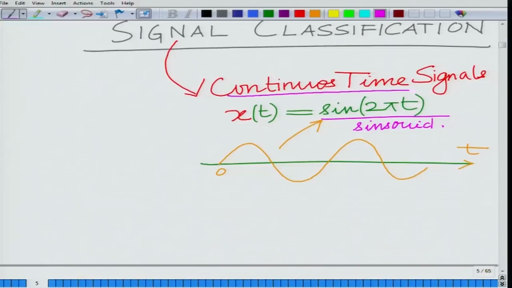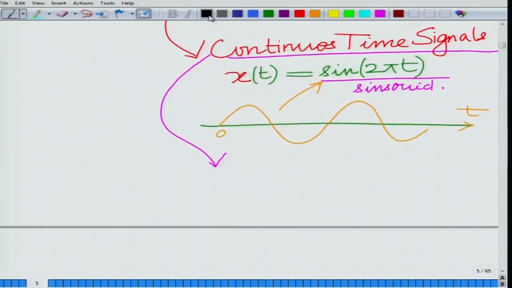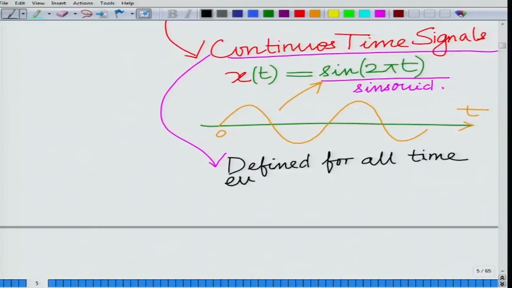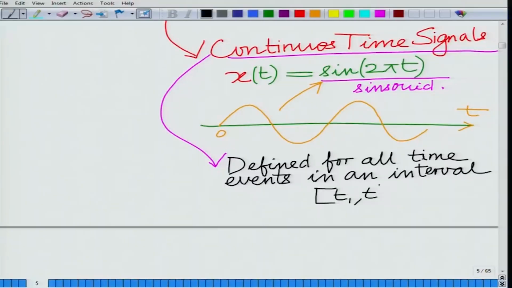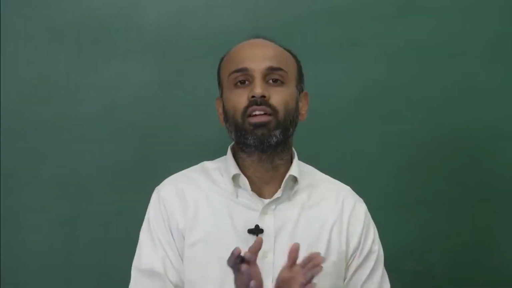So, the point here is that the continuous time signal is defined for all instants in an interval t1 to t2, and generally speaking, if t1 equals minus infinity and t2 equals infinity, then it is defined for infinite time.